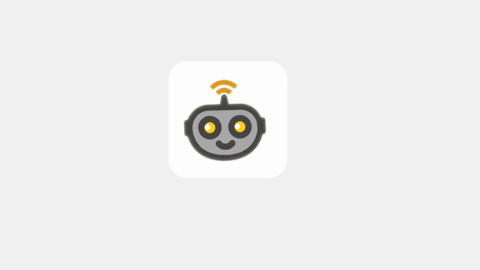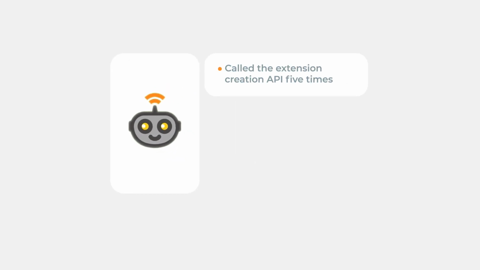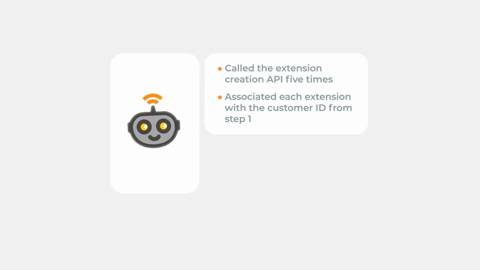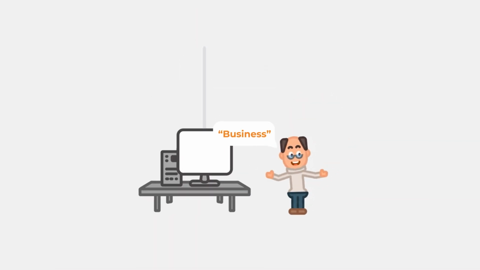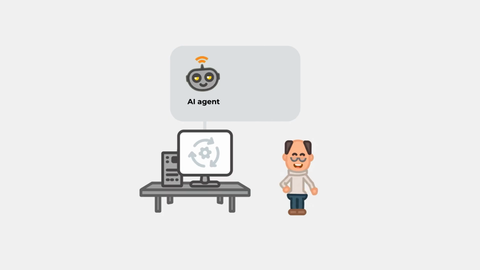When I said create 5 extensions, the AI called the extension creation API 5 times, associated each extension with a customer ID from step 1, assigned the product ID to each extension, and handled the sequential numbering 1001 through 1005. When I asked the AI agent to search for a product named business, the AI agent called the MCP tool to search for products.